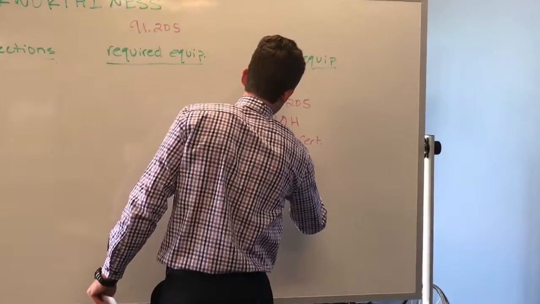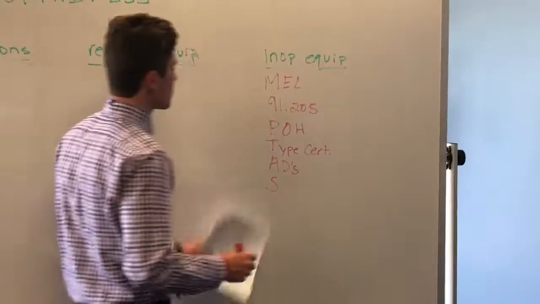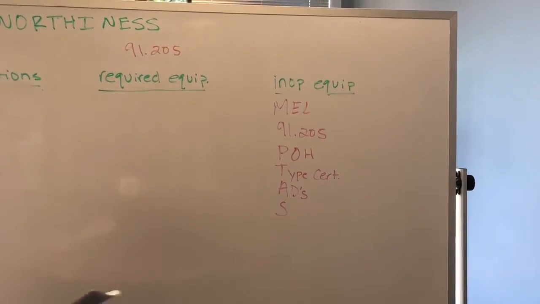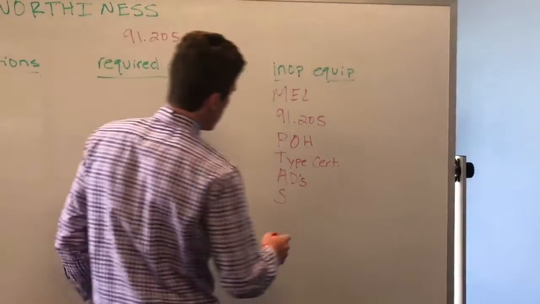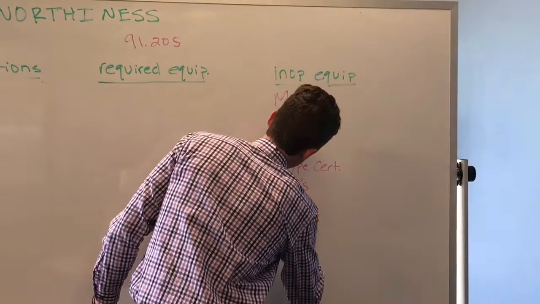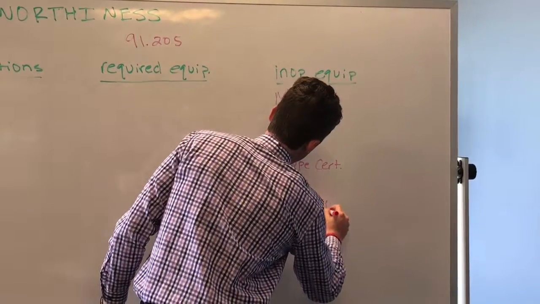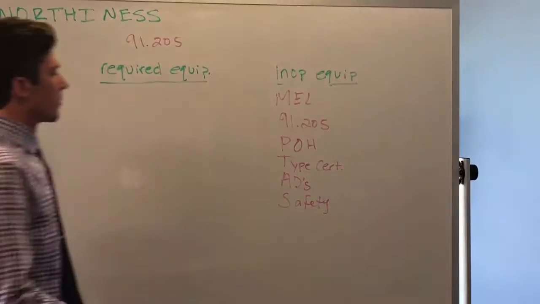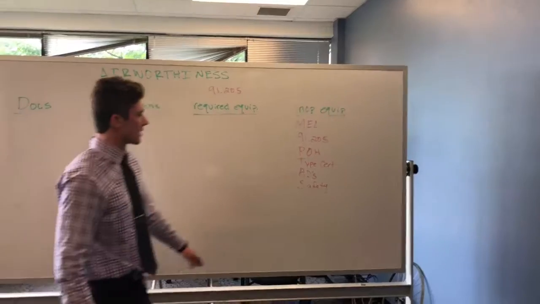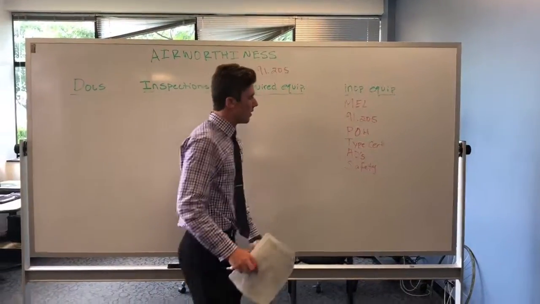Then ADs, airworthiness directives, which we can also find on the FAA's website. We make sure we're complying with those, and then safety. We make sure you're able to fly the flight safely. So that's the last step after all this.